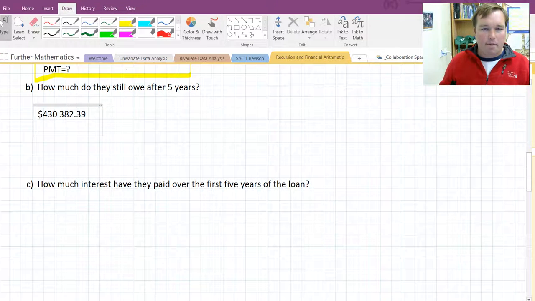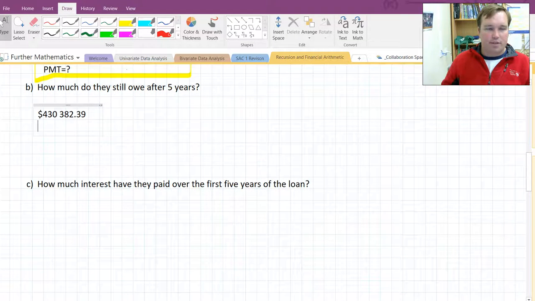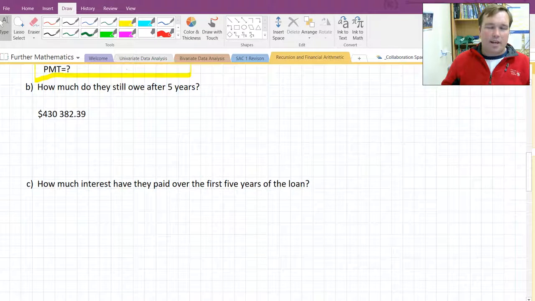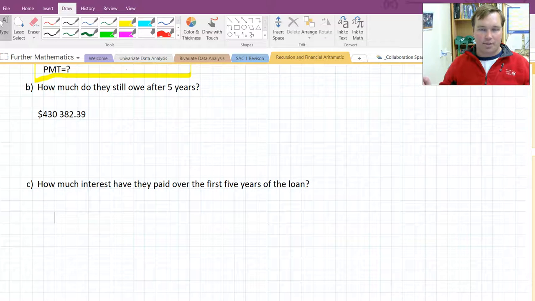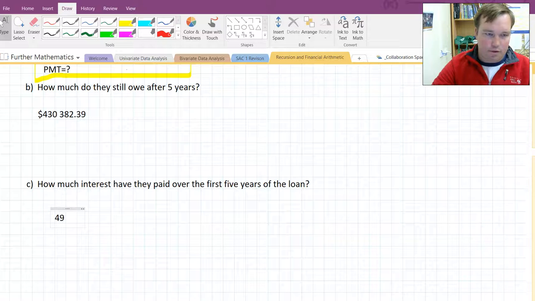All right. How much interest have they paid over the first 5 years of the loan? Now here, interest is a very common question. And it's common in that the VCE love asking it. So here, they've made a whole bunch of payments, and the principal's reduced. The difference between the payments and the principal reduction is the interest. Let me explain. They started with a $490,000 loan.